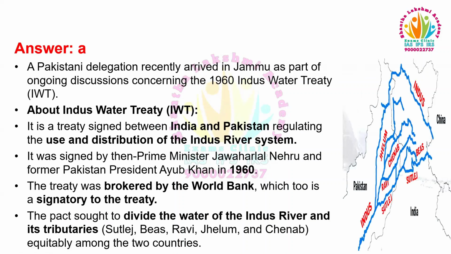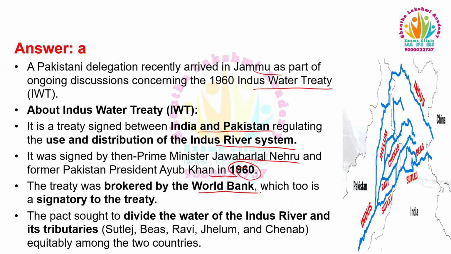A Pakistani delegation recently arrived in Jammu as part of ongoing discussions concerning the 1960 Indus Water Treaty. About the Indus Water Treaty: it is a treaty signed between India and Pakistan regulating the use and distribution of the Indus River system. It was signed by then Prime Minister Jawaharlal Nehru and former Pakistan President Ayub Khan in 1960.